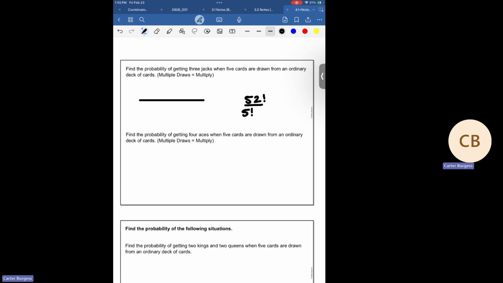Just dealing 5 cards. And then 47 factorial. Or we could write this as 52 choose 5. Plug it in your calculator, 2.599 million ways to do this. A lot. A couple.